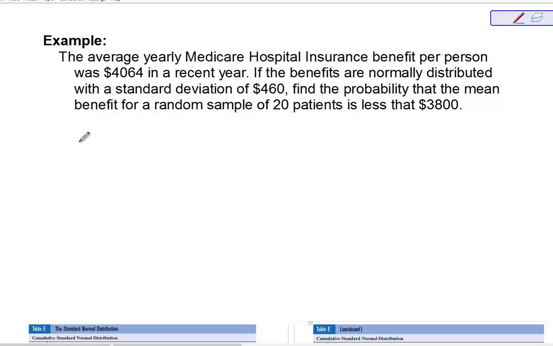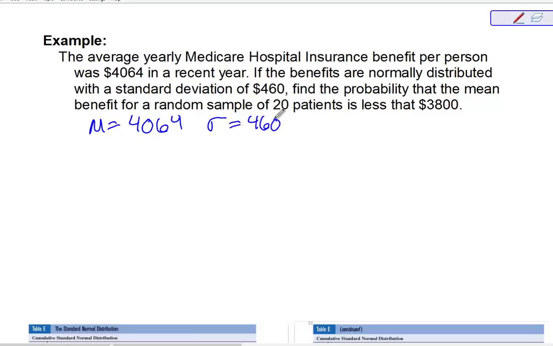This says the average yearly Medicare hospital insurance benefit per person was $4,064 in a recent year, with a standard deviation of $460. So that means our mu is 4,064 and our standard deviation is 460.